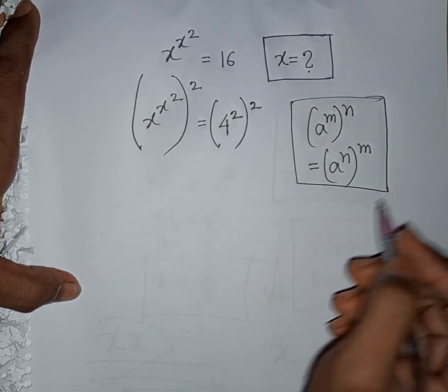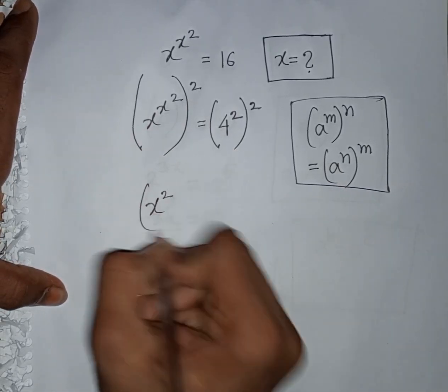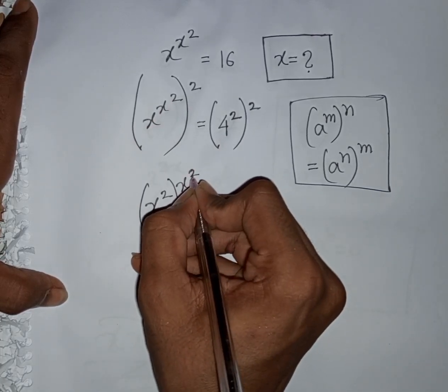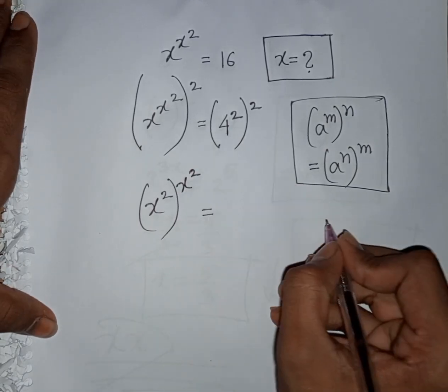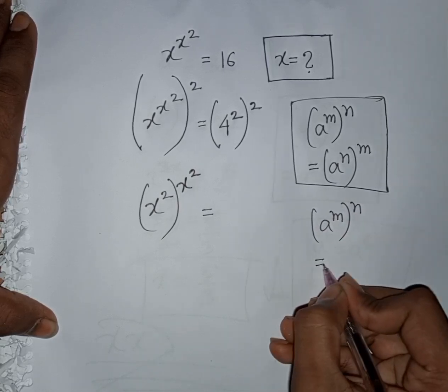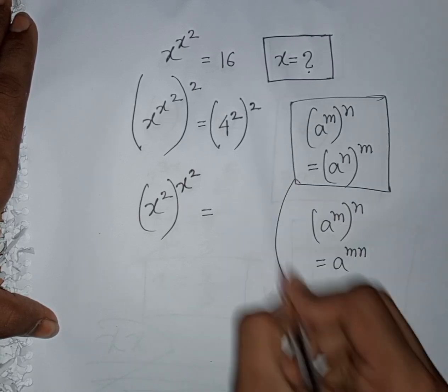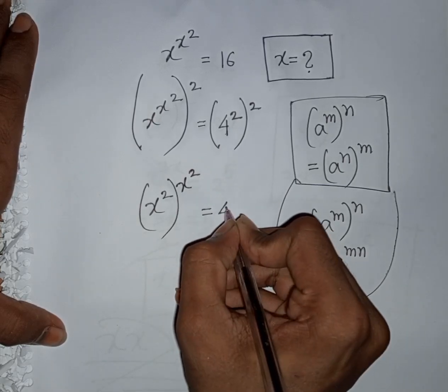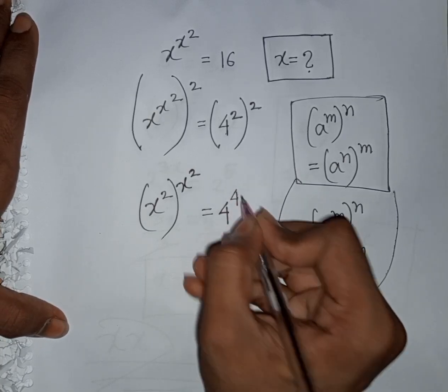So according to this rule, we can write here (x^2)^x... then, applying the formula (a^m)^n is equal to a^(mn), we can write here 4 power of 2 times 2, that means it will be 4.